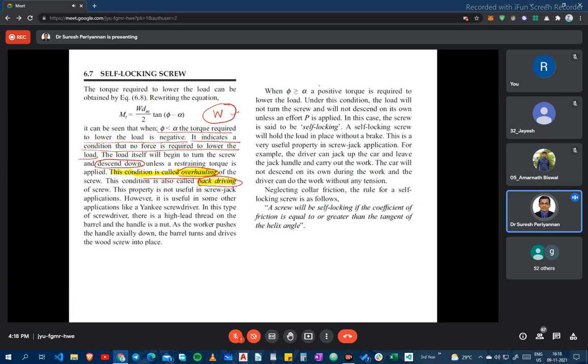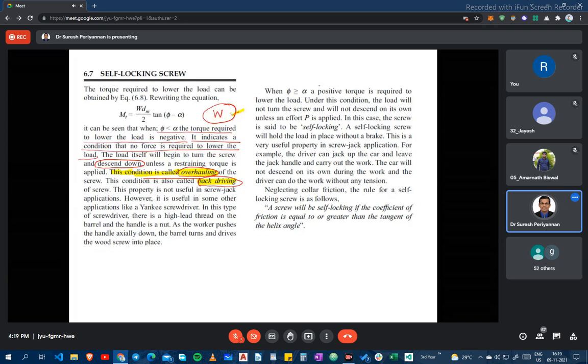The load W itself turns the screw and descends, lowering the weight, not raising it, without our hand control. This effect is called overhauling or back driving of the screw. So this is not advisable in our application.